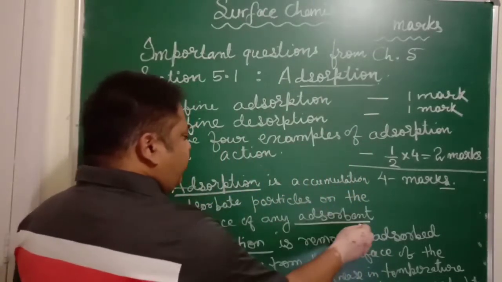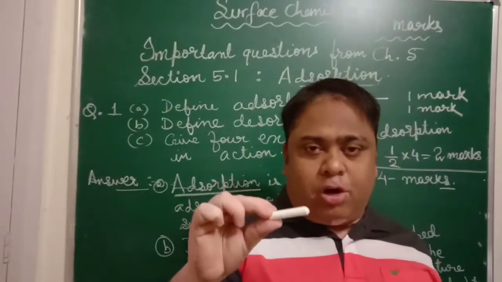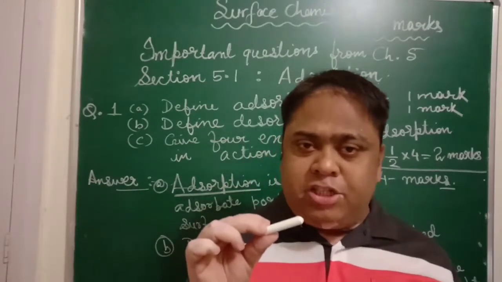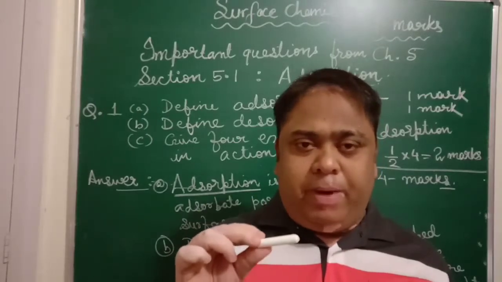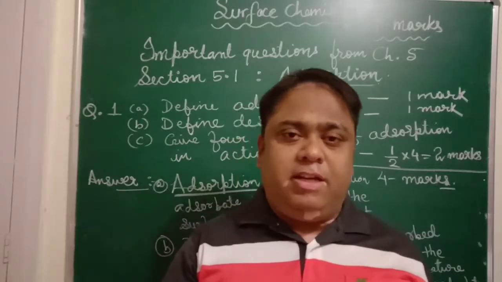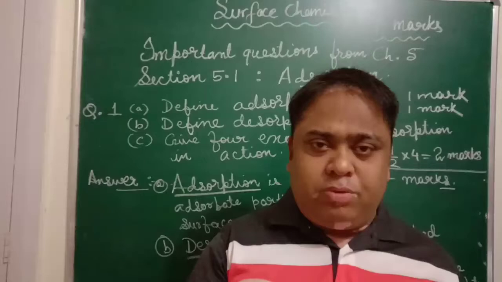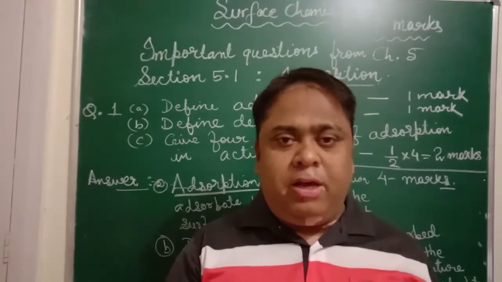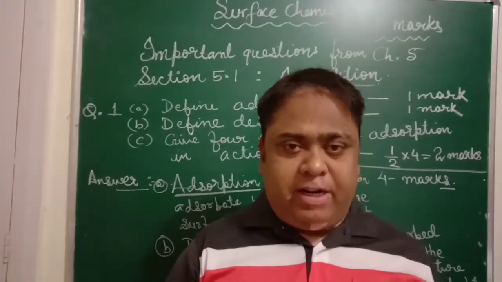Now what is adsorbent and adsorbate? Say for example, if color gets adsorbed on this chalk, then this chalk is adsorbent, B-A-N-T, and the color is adsorbate. Alright. Now desorption takes place very easily when it is physical adsorption. That means the force of attraction between the adsorbent and the adsorbate is purely van der Waals force of attraction or any force of attraction of that nature.